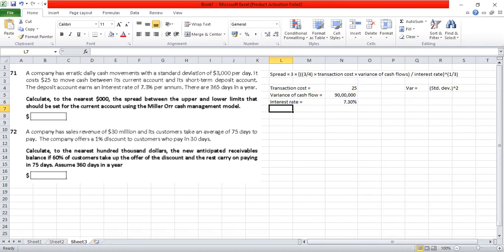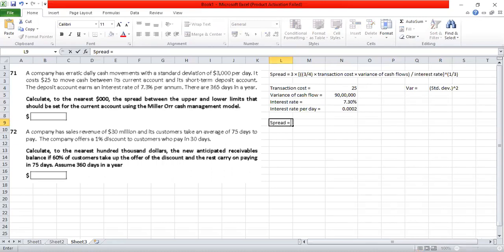In a year, there are 365 days, so interest rate per day. Substitute the values and then calculate what the spread is.